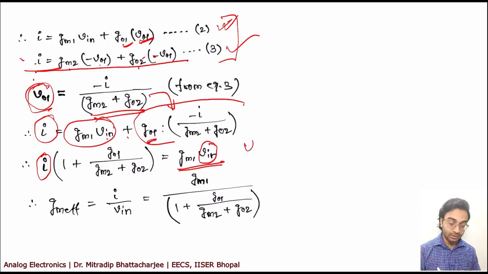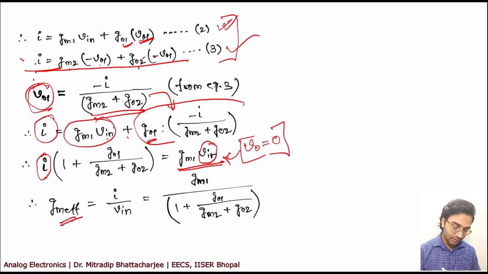We already have considered in this case V0 equal to 0, and then we came to this equation. So your GM effective will be I divided by V in, which is GM1 divided by the entire term on the left hand side. This is your GM effective, right? So you got your GM effective value.